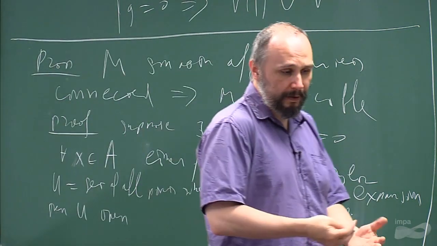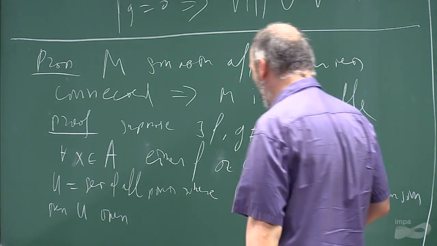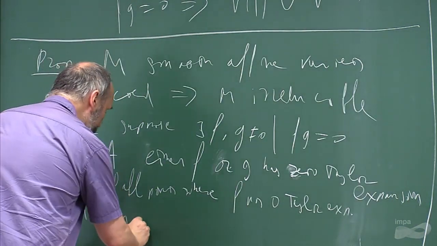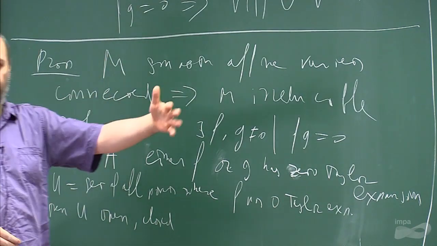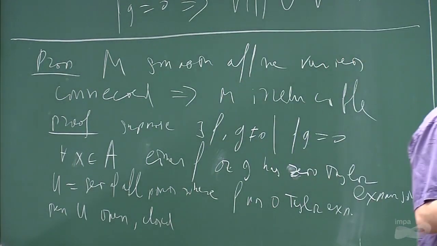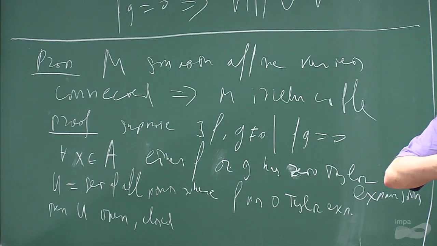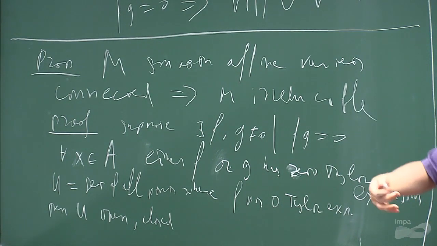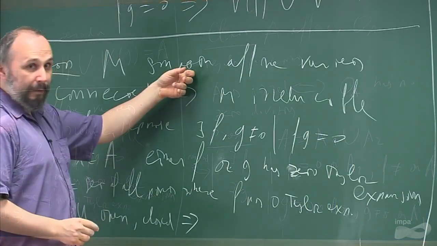So if you have an analytic function, it has to be equal to its Taylor expansion in a small neighborhood of each point. It is 0, so it has to be 0 in some small neighborhood. And it is closed, because you have 0 sets for each derivative. The set U is just the set where all the derivatives are 0, so it's an intersection of closed sets. Okay, but the manifold is connected.